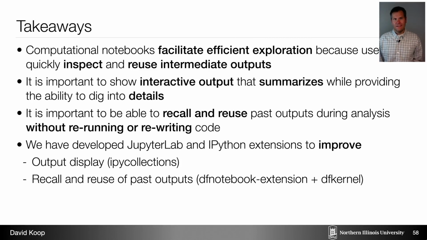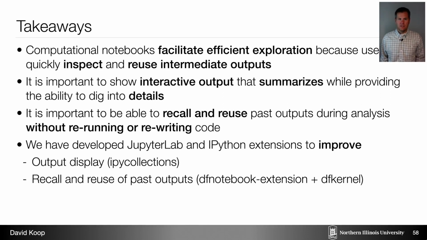So with that, I'd like to remember that where we started was thinking about the structure of notebooks by their outputs, letting outputs drive exploration. And to do that, we need rich outputs. We need to better display them. And we also need to make sure that people can recall and reuse those outputs without rerunning and rewriting code.